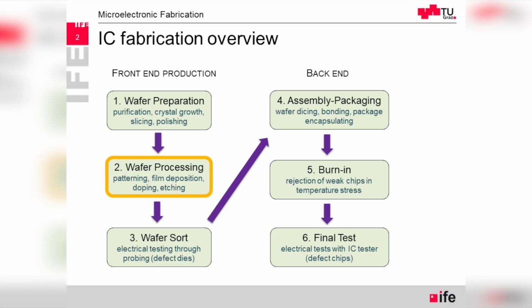That means first the assembly, then we have burn-in. That means rejection of some chips that would otherwise fail in the early stage of their lifetime. This is done by applying temperature, stress, and also normal operating conditions or a slightly elevated power supply.